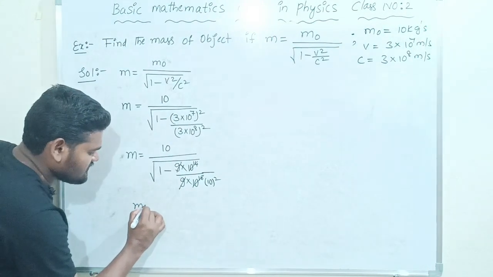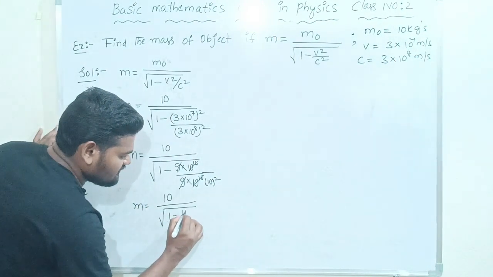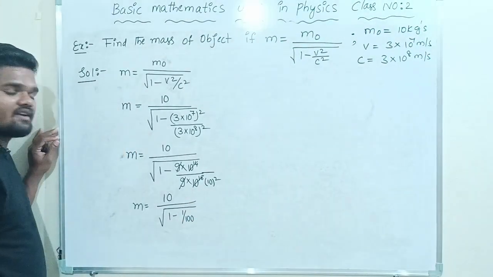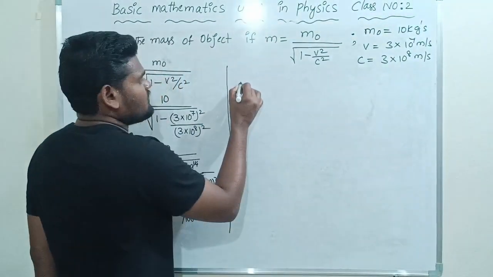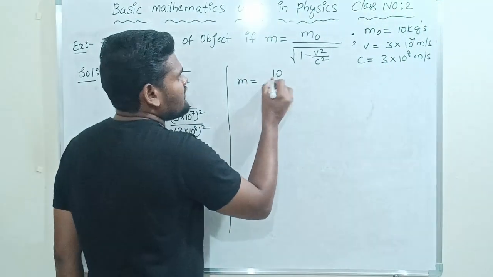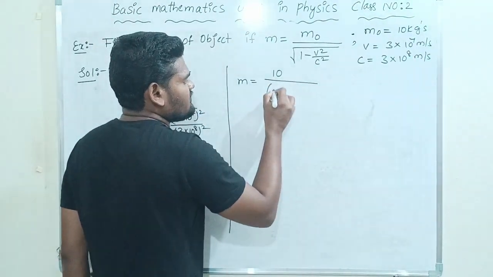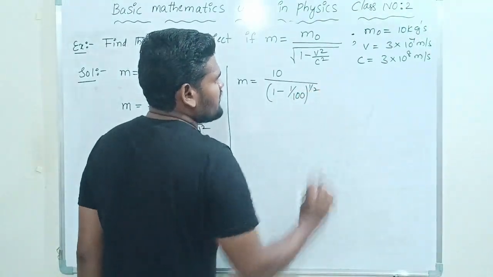Okay, so m is equal to 10 by under root of 1 minus 1 by 10 square. 10 square value is how much? 100. Is it clear? Okay, so m is equal to 10 by under root of, I can write the equation like this: 1 minus 1 by 100 whole to the power of 1 by 2.